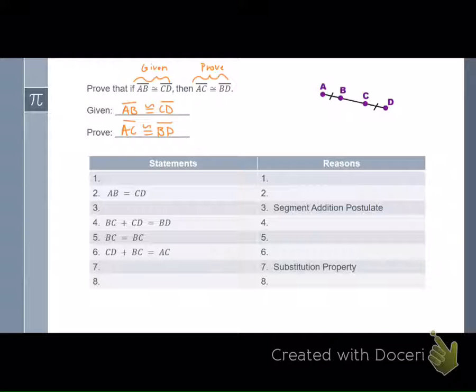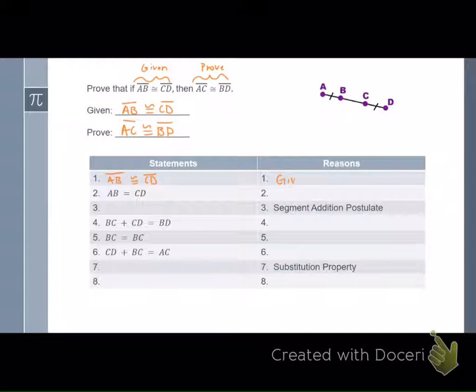Those are already marked. So what needs to go then in step 1, Emma? What needs to go in step 1? Okay, so what is our given information? AB is congruent to CD. And what's your reason?